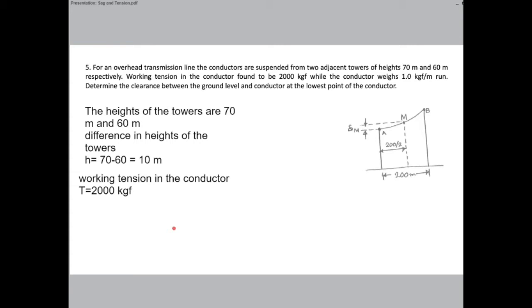And conductor weight is also given, which is W or WC, whatever we write. There is no ice or wind loading here, so we can write it W straight through. W is 1 kgf per meter run, that is also given.